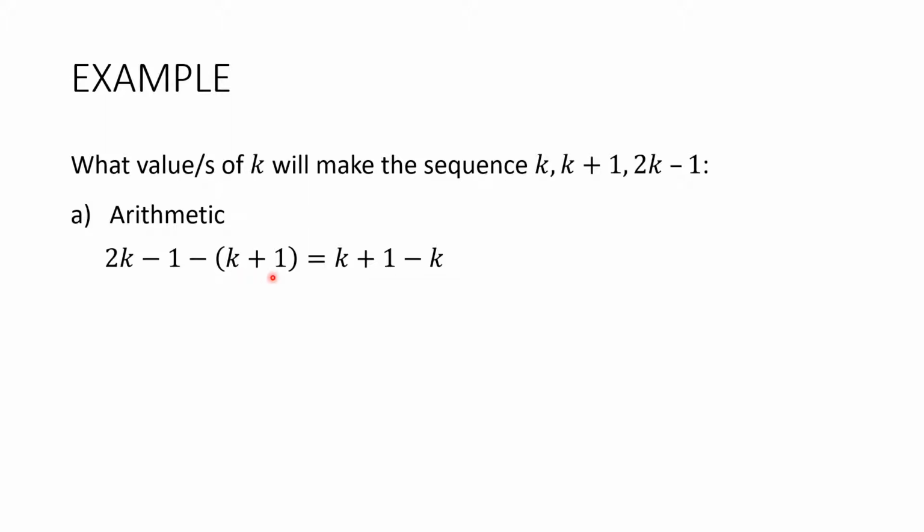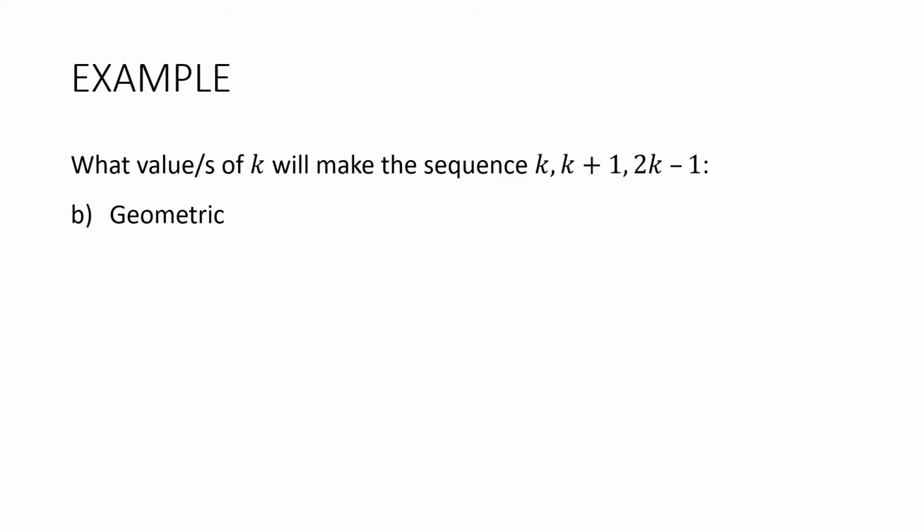Be careful here, you want to subtract all of that, so make sure you put it in brackets. Tidying this up, I'm going to get k minus 2 is equal to 1, and so if k is equal to 3, then the sequence is arithmetic. Let's see if that's true. Substitute the 3 in. That's going to make the first term 3, the second one 4, and the last one, 2 3s is 6, take 1 is 5. It is indeed arithmetic.